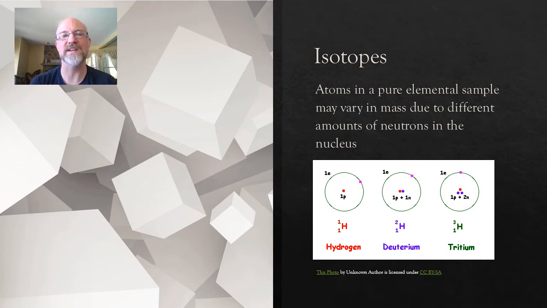Almost all of the naturally occurring hydrogen is protium. It's just one proton with one electron circling around. But there is a small amount that has picked up a neutron, and a very, very small amount, mostly resulting from human manufacture, because of using water in nuclear reactors that absorb extra neutrons.